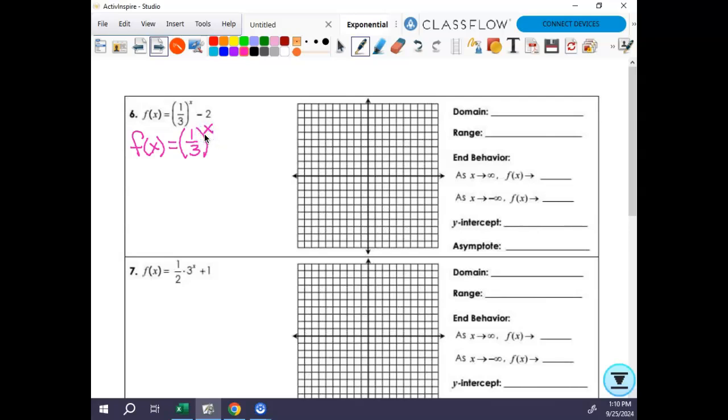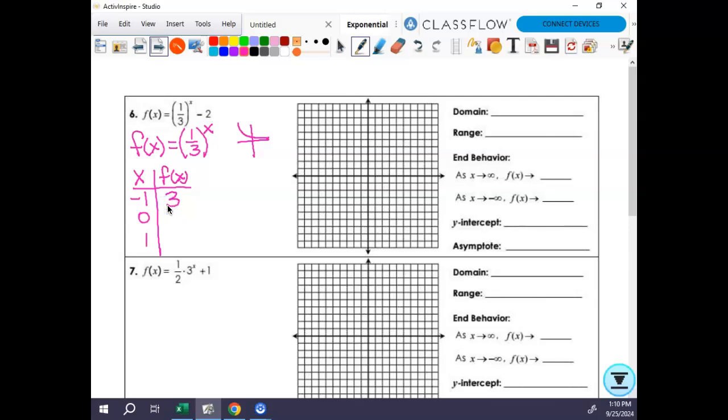Is that exponential growth or decay? Decay. So it would look something like this. I'm going to make my little t-chart here so that I have the numbers in front of me and don't make up math anywhere. -1, 0, 1. What is 1/3 to the -1 power? 3. Good, because it does the flippy thing.